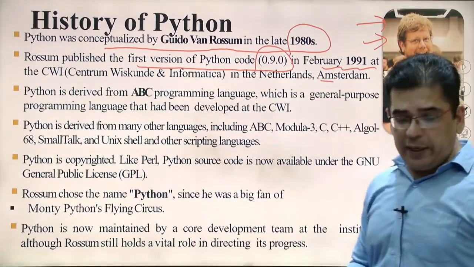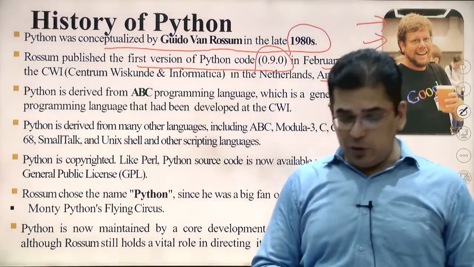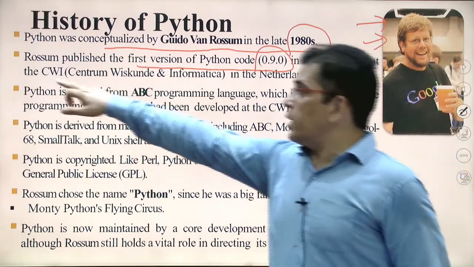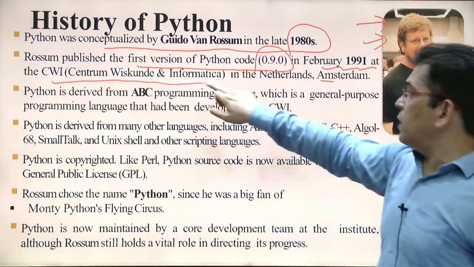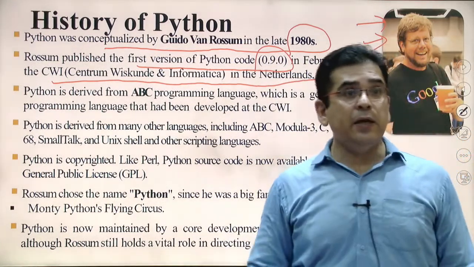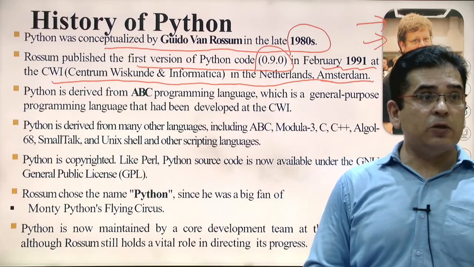So in the early 90s, the first version of Python came to light. At that time, he was working at CWI, Centrum Wiskunde & Informatica in Amsterdam, Netherlands.